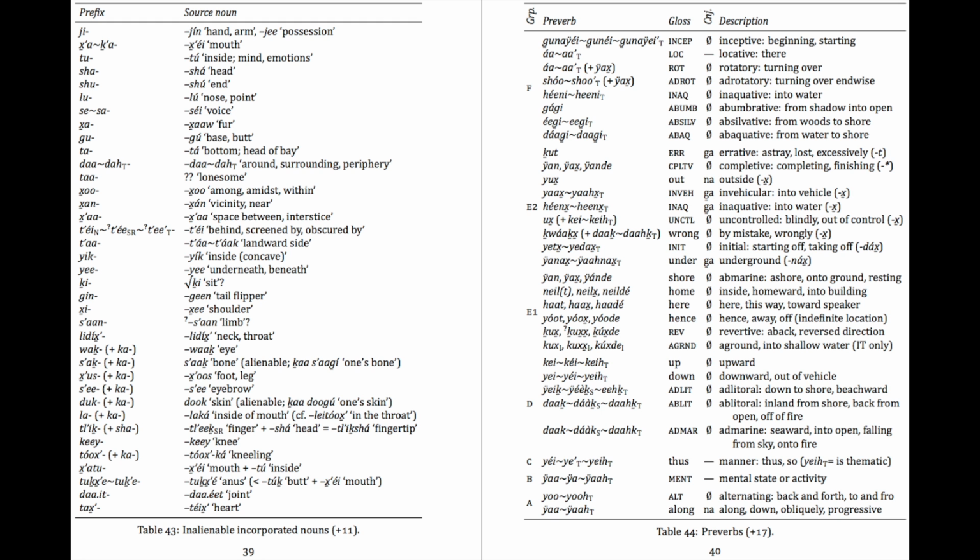Oh, Shu, we did that one. Se, say, voice. So say is voice, but there's another one that could pop up here, which is sa, it means voice, but it also means neck.